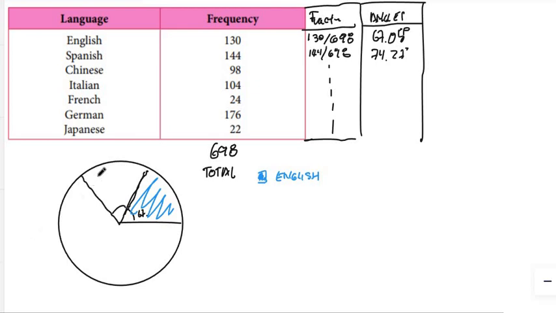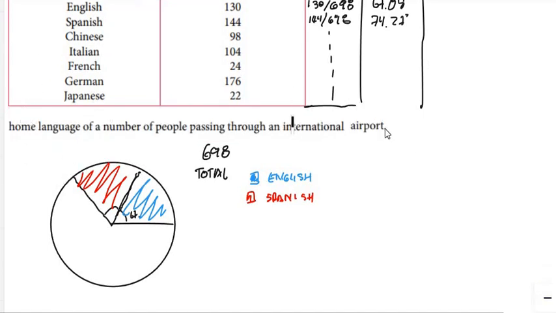You use a different color, and using the key, this color means Spanish. You can continue measuring all the angles and drawing the pie chart. You always have to put a title. The pie chart has different colors, the keys have different colors, and that's how you complete a pie chart.